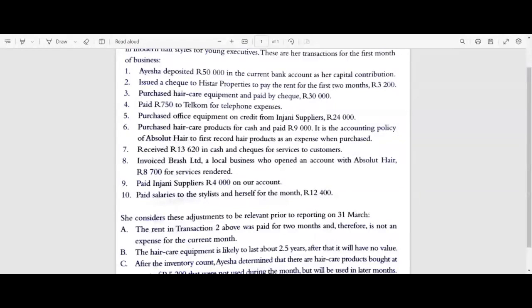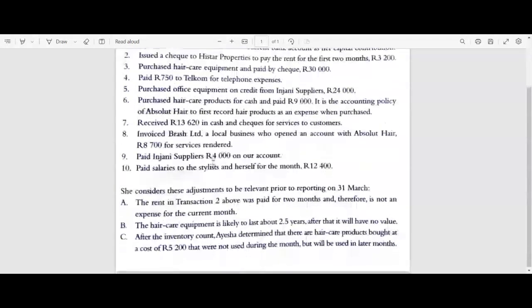We'll see later on when we do our adjustments that the unused portion we will then call hair care products on hand or hair care products inventory if you wish. Right. So there are again a few possible names that we can give that account. And that will then be an asset at the end of the month. Okay, so we'll get back to that when we draw our financial statements.